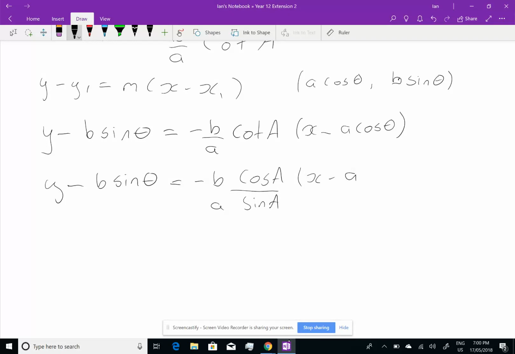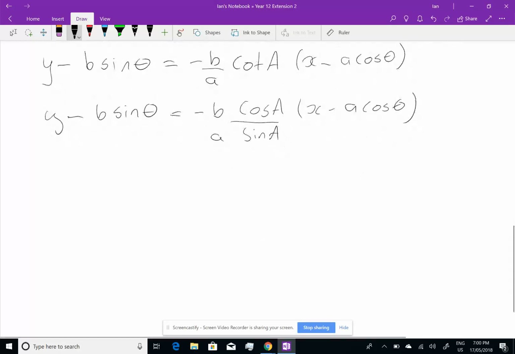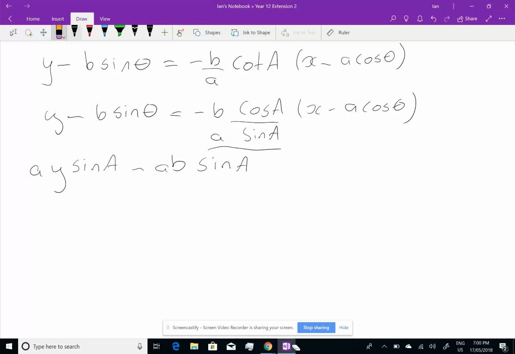I've got an a down here, so I'll multiply the a across, so I get a y sine A minus ab sine A sine theta.